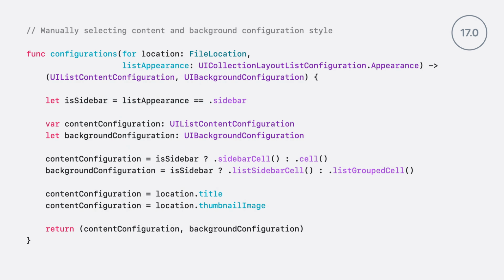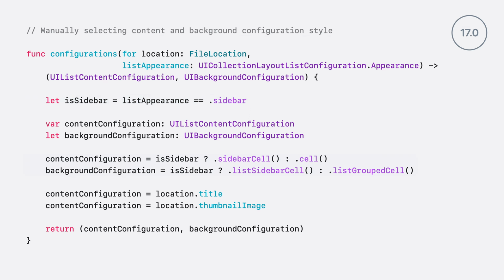Here is a function from the Files app that generates content and background configurations for a location in the Browse list. This is how the function was implemented in iOS 17. It receives a file location struct, as well as the list appearance, as arguments. First, it checks whether the list appearance is the sidebar style and stores the result in the isSidebar local variable.